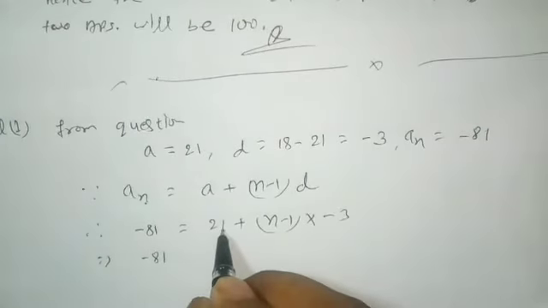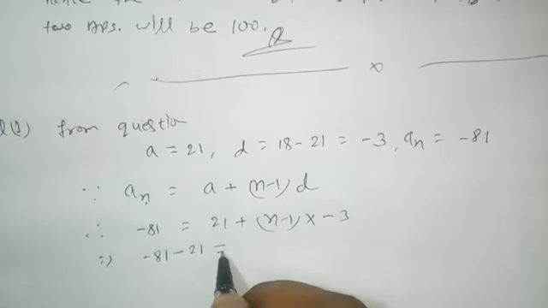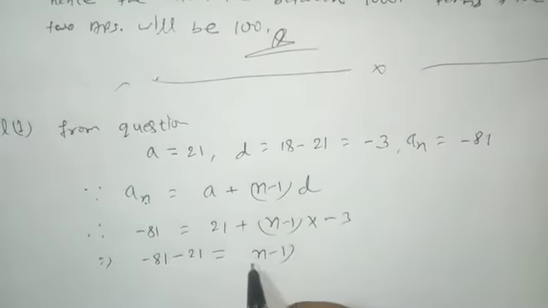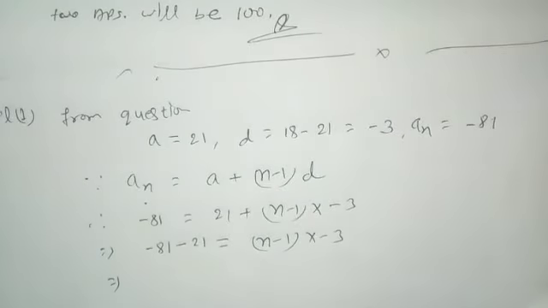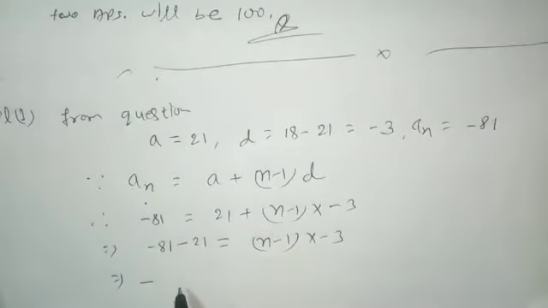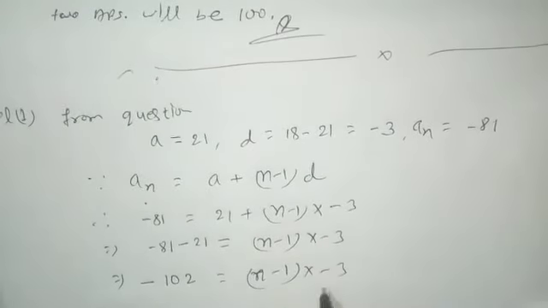Minus 81, plus 21 go to the other side, then we get minus 102 is equal to (n minus 1) into minus 3.